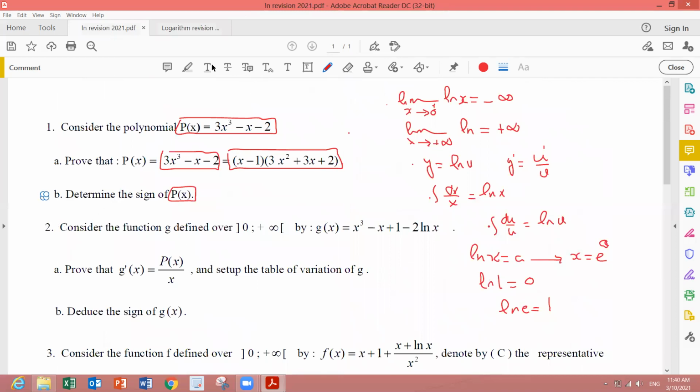Now we have the function g defined on 0 to plus infinity. This is the domain. By g(x) equals x cubed minus x plus 1 minus 2 ln x.